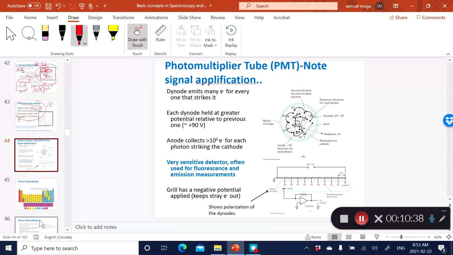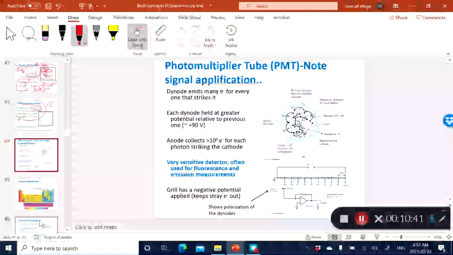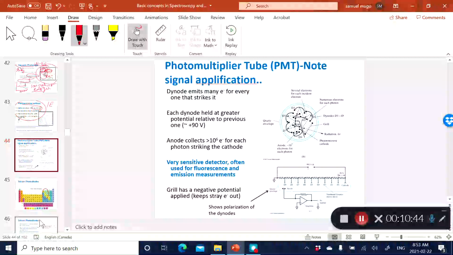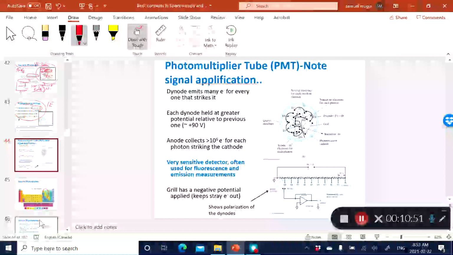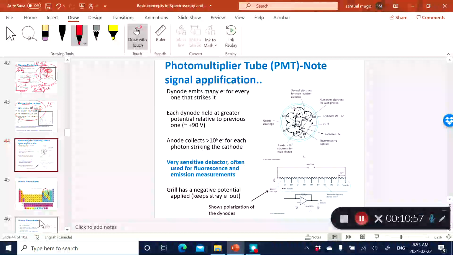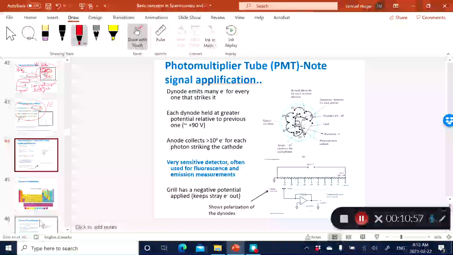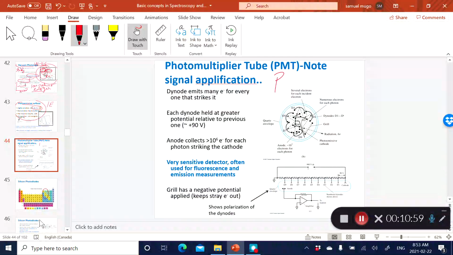Now, in most cases, we are dealing with very low amounts of light. Remember, the light source is monochromatic, right? Dealing with, say, a hollow cathode lamp, or you're dealing with a laser. It's a monochromatic beam. So the energy is very, very small.